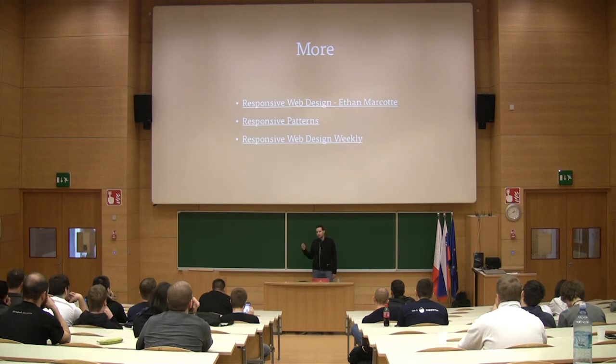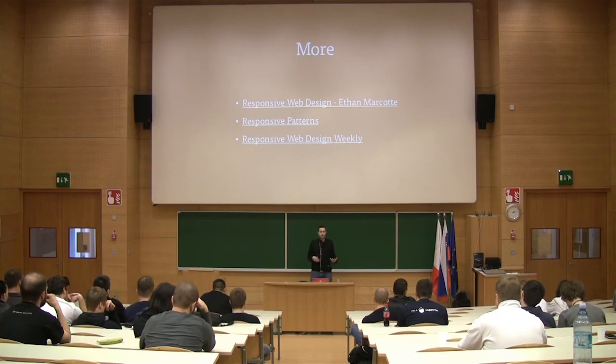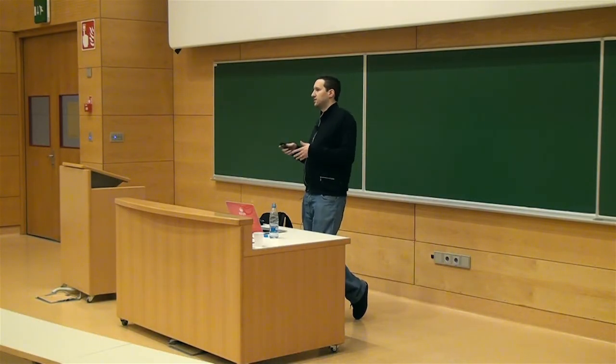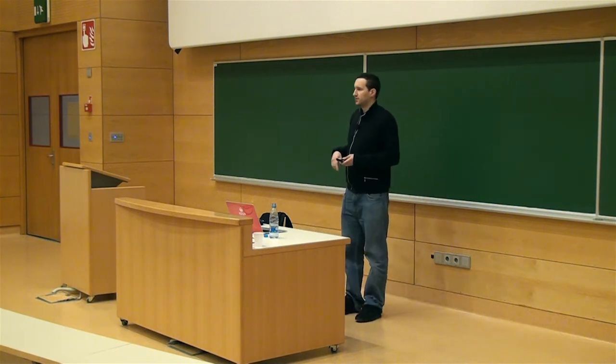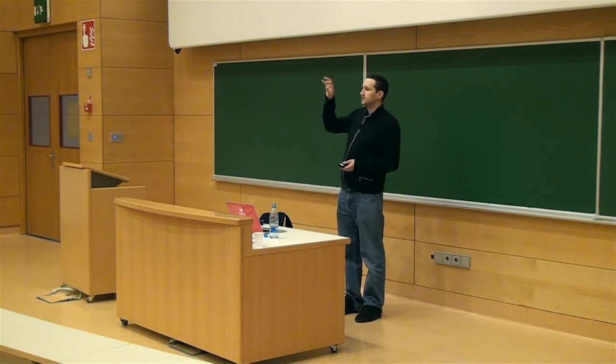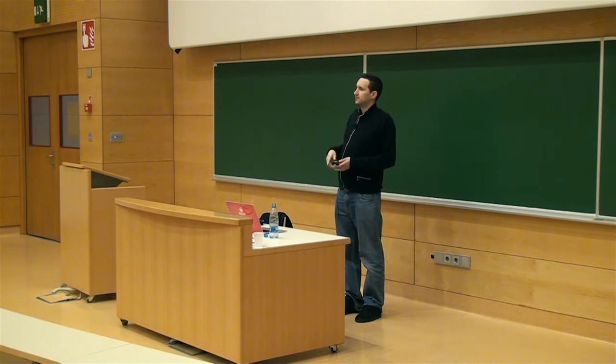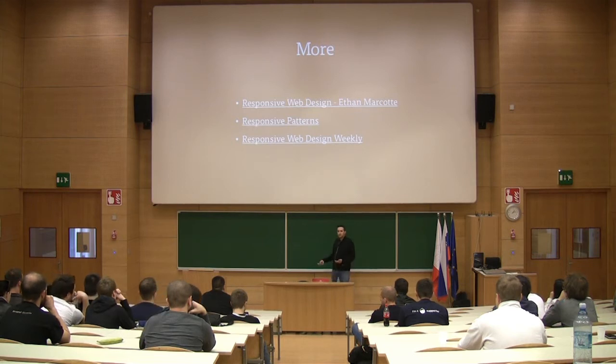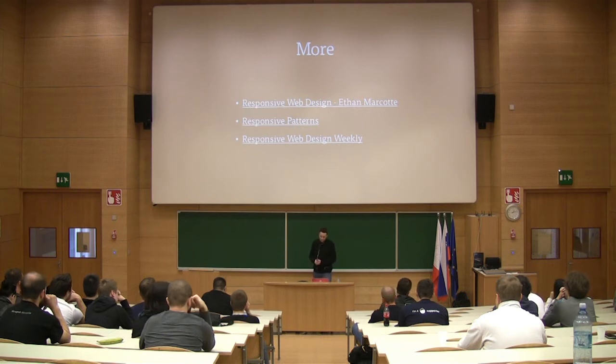So there's a list of patterns that you can use for different stuff in the UI. Say you probably know the pattern where the navigation is hidden behind the 3 lines button, or where it becomes a drop down or stuff like that. So the site lists loads of patterns like that. So if you have a problem with a UI that you don't know how to solve, you can go there and find the solution there.